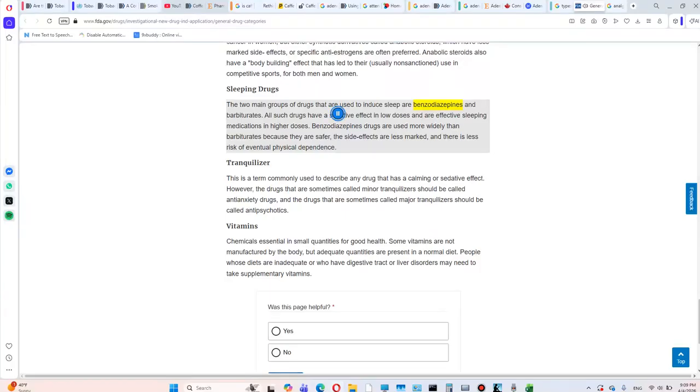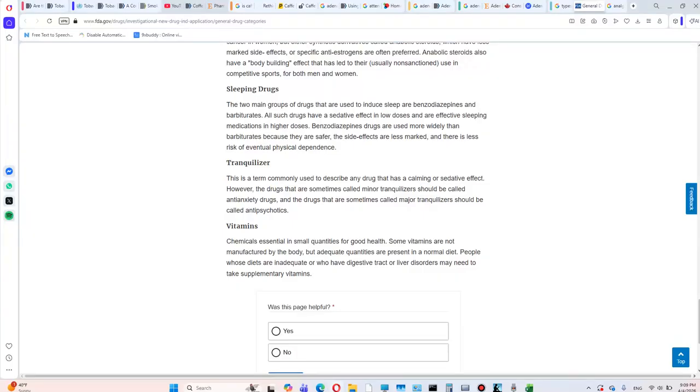Benzodiazepine drugs are used more widely than barbiturates because they are safer. The side effects are less marked, and there is less risk of eventual physical dependence.